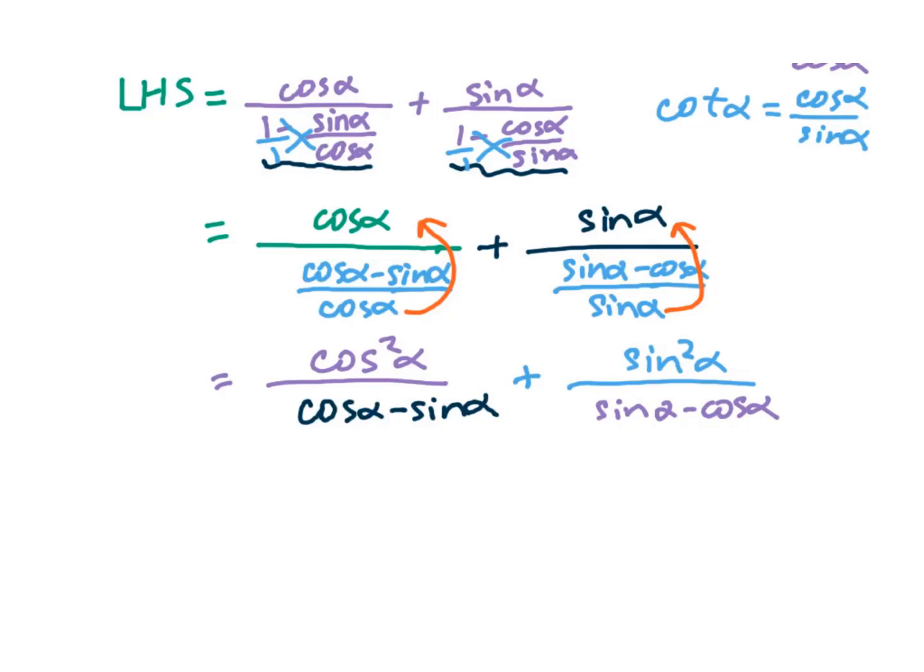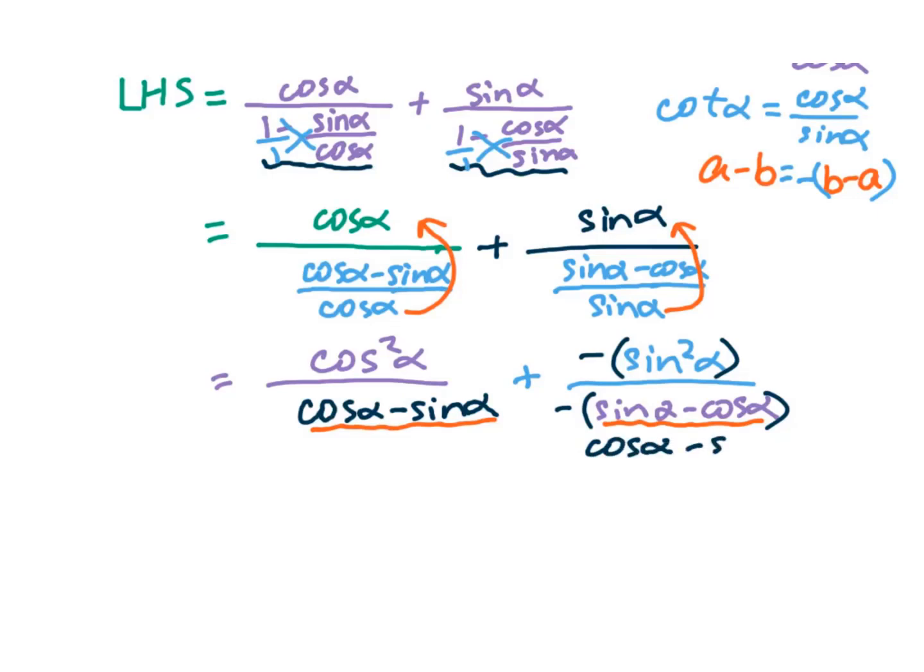This is an operation of fractions. We try to make the same denominator. What's the relationship between these two? It's opposite, like a minus b and b minus a. Therefore, I will apply a negative sign to the top and the bottom so that I can change the denominator into cosine alpha minus sine alpha.